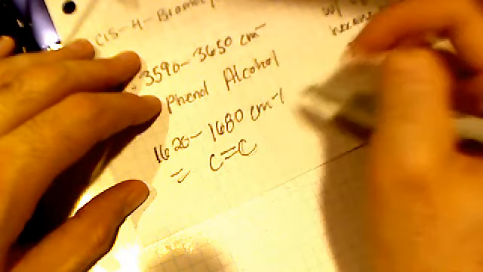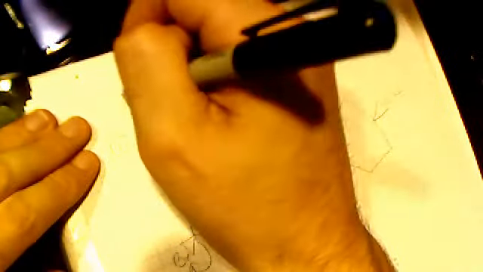And 1620 to 1680 reciprocal centimeters equals an alkene double bond. So here we have the E1 mechanism.